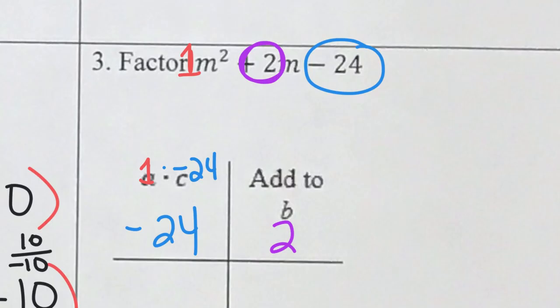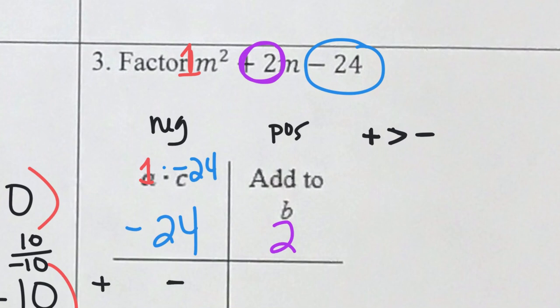Okay, so we have a negative product and a positive sum, which means your positive multiplier will be greater. Because the only way to get a negative product is with a positive and a negative. Right, that's how we get a negative product, if one of our two numbers is negative.